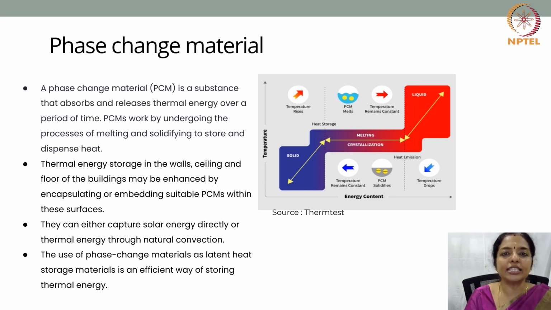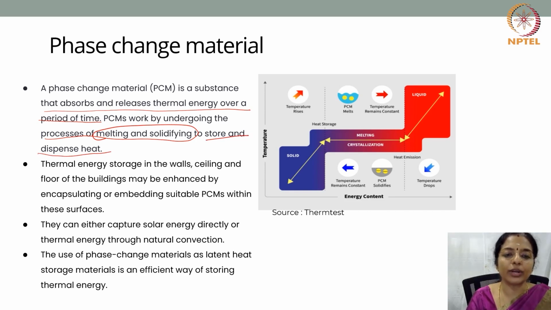A phase change material is a substance that absorbs and releases thermal energy over a period of time. So phase change materials work by undergoing the processes of melting and solidifying to store and dispense the heat.